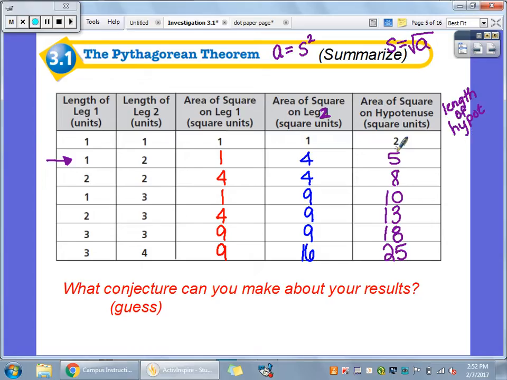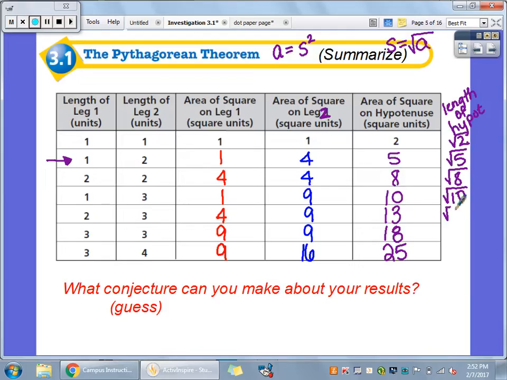If your area is 2, then the length of your hypotenuse should be the square root of 2. If your area is 5, then your side length should be the square root of 5. If your area is 8, square root of 8. If the area is 10, your side length is the square root of 10.